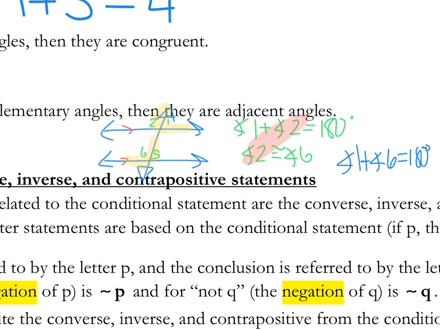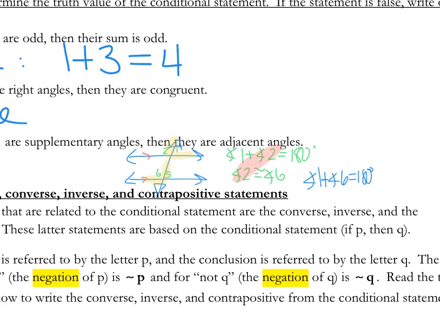Those are not adjacent. Remember that in order for them to be adjacent, they have to share a common side and a common vertex, which they do neither of in this example. So this is good old false. And the diagram I showed was the counterexample.